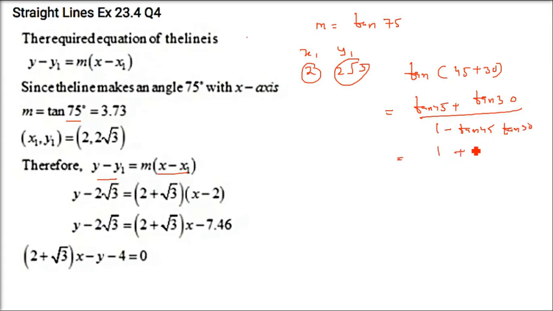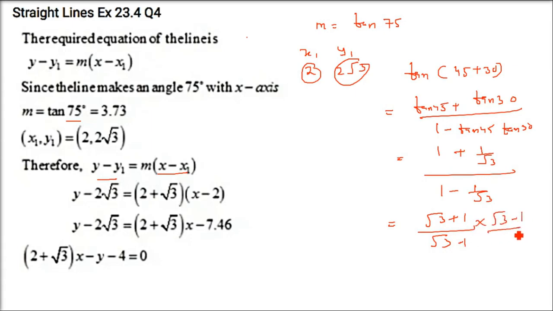So tan 45 you are going to put 1, tan 30 is 1 by root 3, and in the denominator 1 minus tan 45 tan 30, that is 1 minus 1 by root 3. So this is going to be, we will first simplify it, root 3 plus 1 by root 3 in the numerator, and in the denominator you have root 3 minus 1 by root 3, root 3 will get cancelled. So we will now rationalize it, multiplying both by root 3 plus 1.